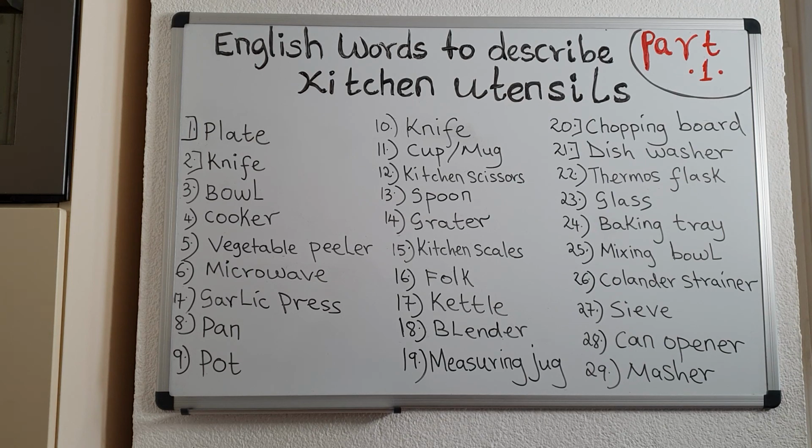The last word is masher. Masher. We use a masher to mash food products. Like, for example, you want mashed potatoes. So after you have boiled your potatoes, then to squash the potatoes into a paste, in other words, to mash them, you use a masher.